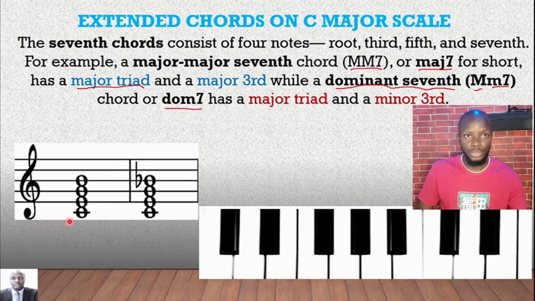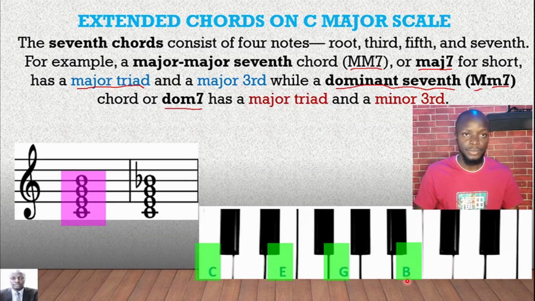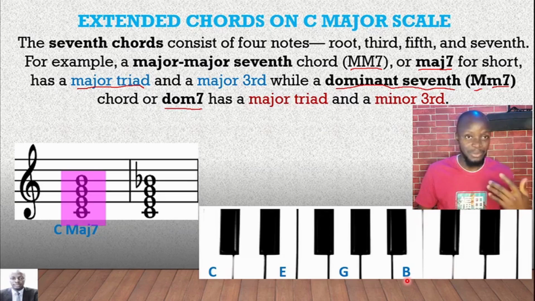The very first one is this, and it has C, E, G, and B. And it is called the C major 7th. You can build it on D, on F, but this is just an instance. So from the root to the 5th is a major chord.